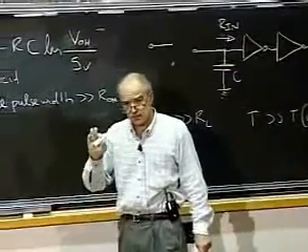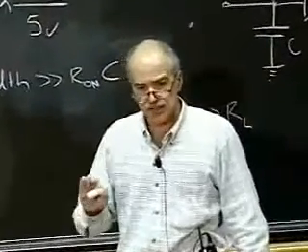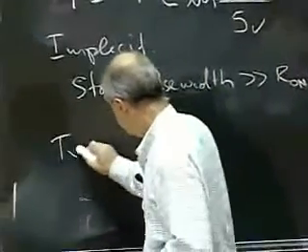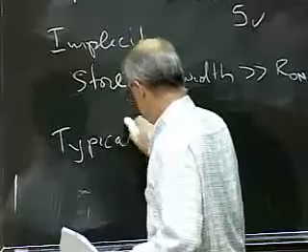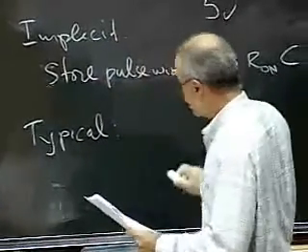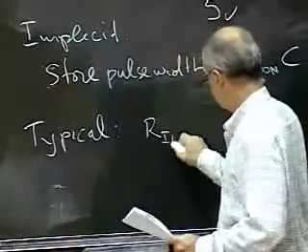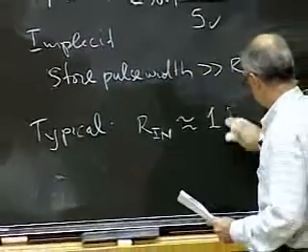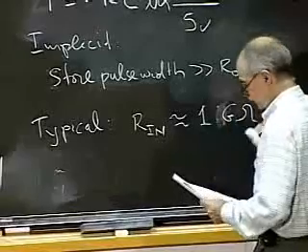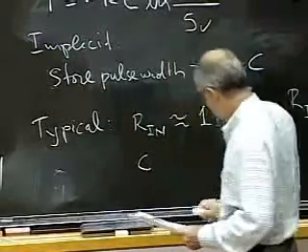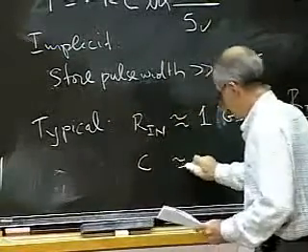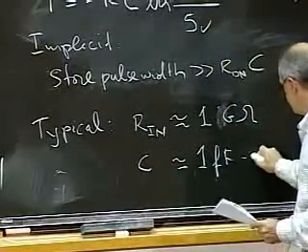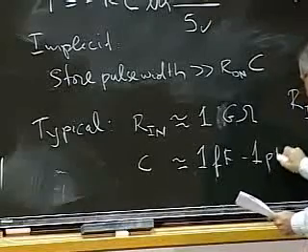Let me give you some numbers that are typical for a dynamic RAM, okay? So typical values we're talking about are Rin on the order of 1 gigaohm and storage node capacitor on the order of 1 femtofarad to 1 picofarad.